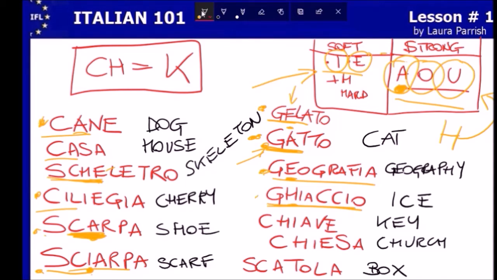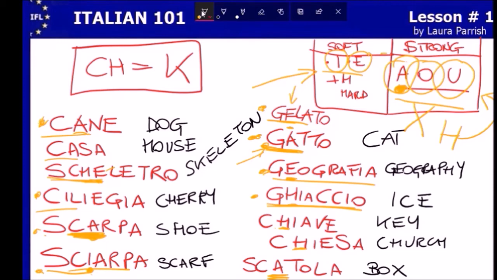G and G. Every time there is the H is strong. This is chiave. Chiave. Chiesa. Chiesa. Is this one a strong or soft vowel? Very good, it's strong. So it's gonna be scatola.